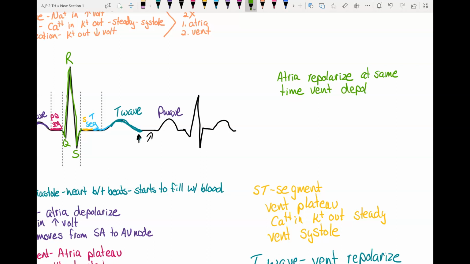So you have two events occurring at the same time. We can't put both on the graph.